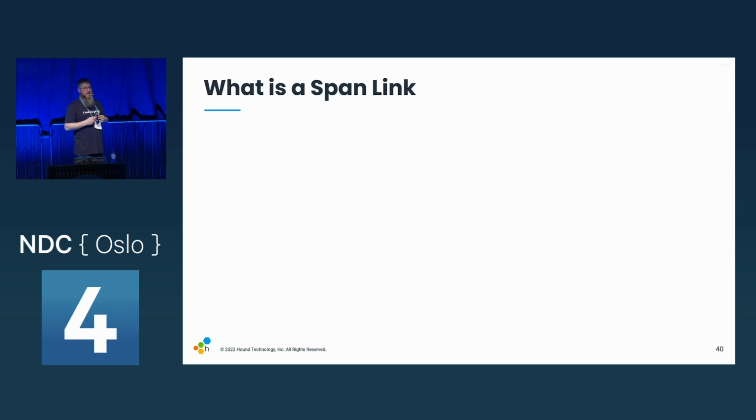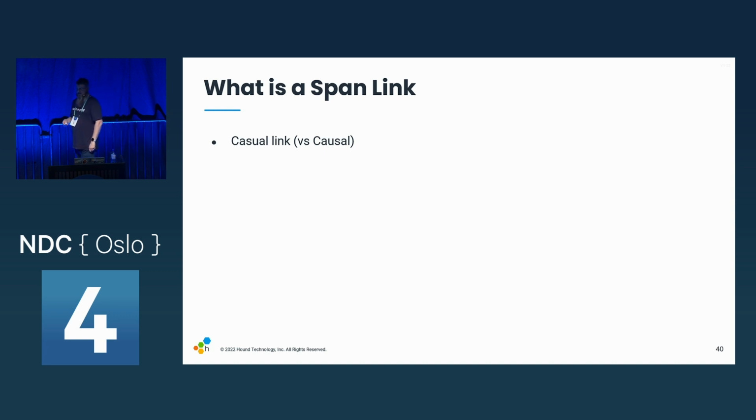Let's talk a little bit about span link. It's another type of thing that we can do with spans. So a span link is a casual link versus a causal link. I checked that about 4 times and I still thought I got it wrong.